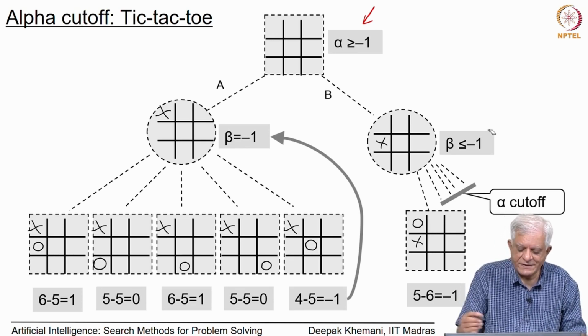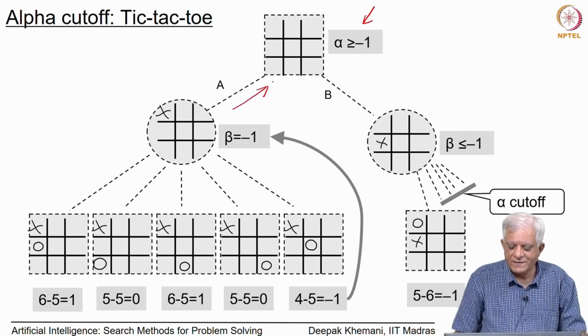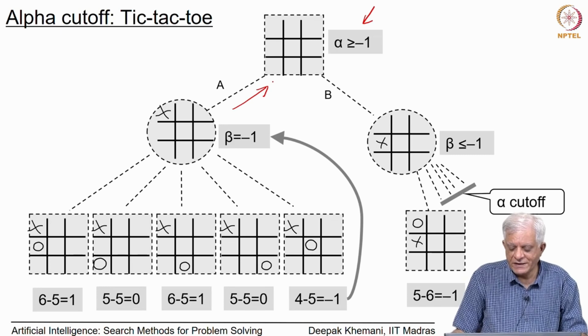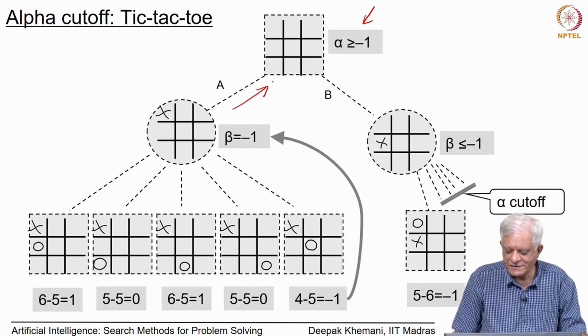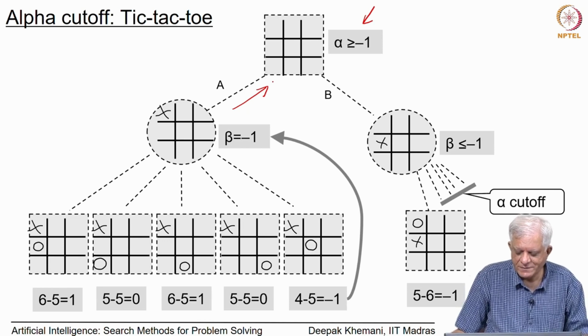The first key feature is that it must already have a value from one child, and it evaluates the subsequent children in contrast to the value it has already got. So, if the subsequent children are going to offer values which are worse, then we will simply tell them that you do not need to do any further processing of that particular node.